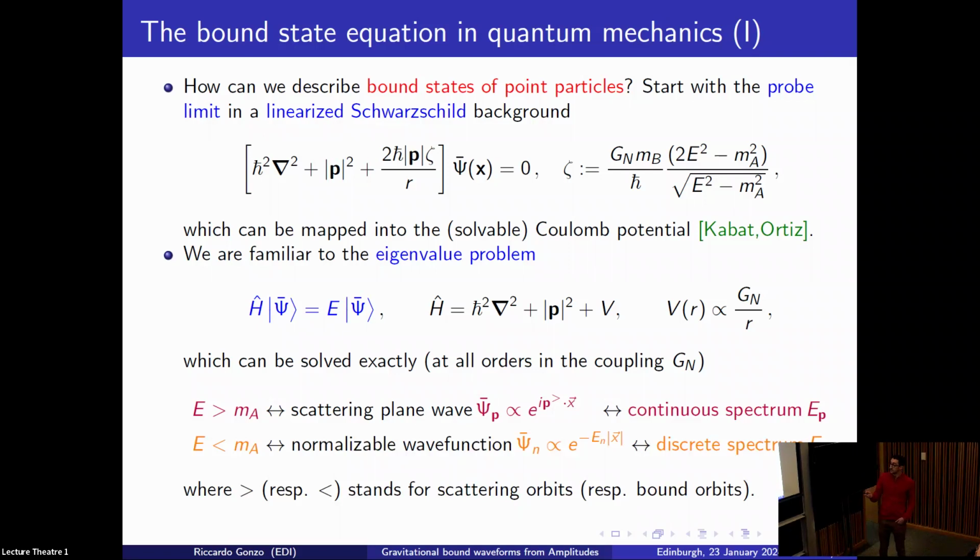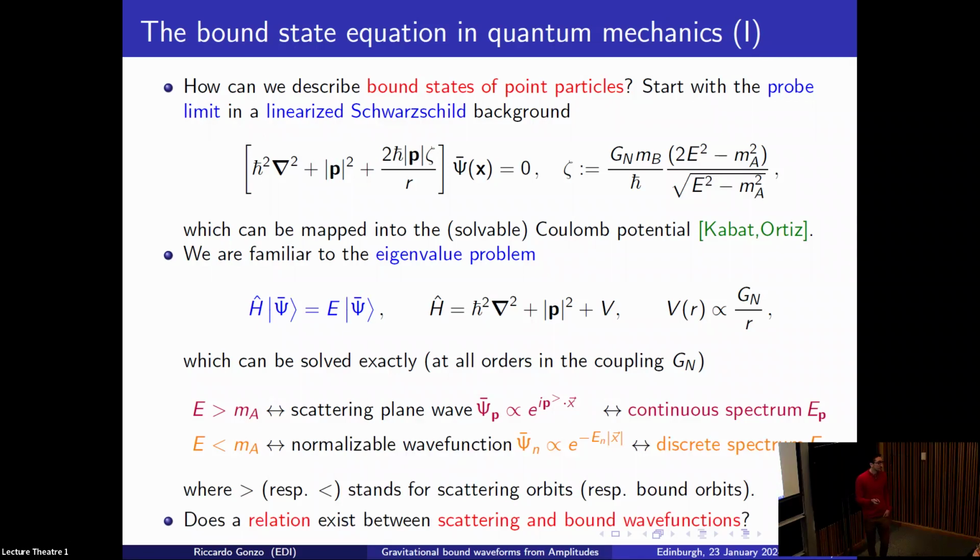And this gives a discrete spectrum. We also introduce some notation for scattering and bound, which I find convenient. You see here the potential depends on the coupling, so you can solve this problem analytically. So what happens? Is there a relation between the scattering and bound wave functions? We start with the 1PM dynamics, since we can solve it for bound states directly.